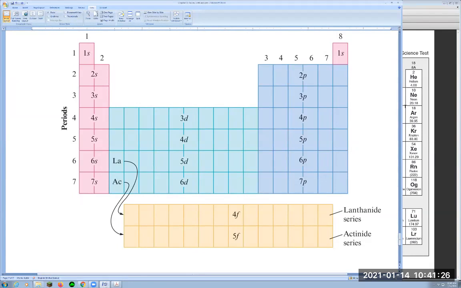Then when you are in period 2, from the 2s orbital, you go into the 2p orbital. But the 2p are on the right side of the periodic table, and they are represented by those 6 columns to the right, from group 3A to 8A.